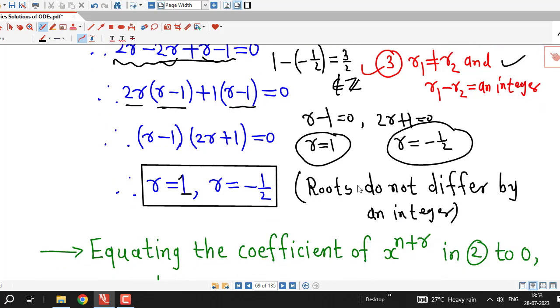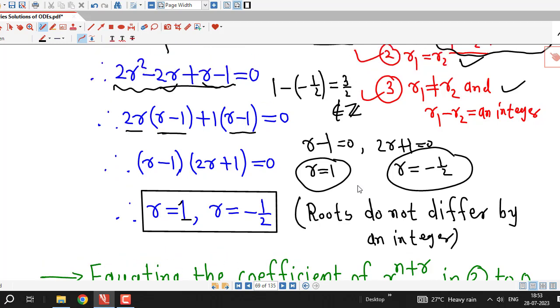Now if the roots do not differ by an integer, then we will decide the series solution for each value of r. Remember that our series solution is in this form, a n x raised to n plus r, n equal to 0 to infinity. This is the form of our series solution in the Frobenius method. So we have to decide the values of r and these coefficients a n.